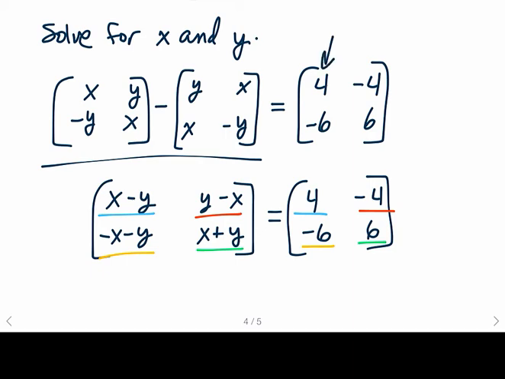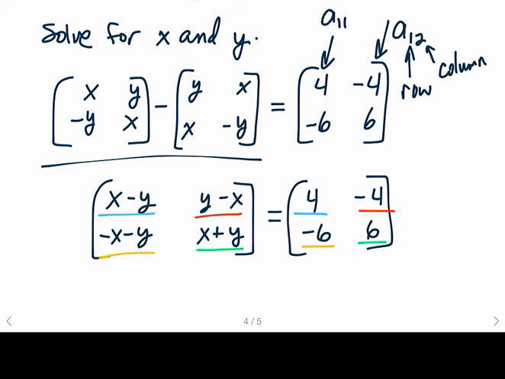The entries are referred to using lowercase letters and then subscripts. So the entry in the first row and first column is the entry a11. In the first row and second column, it's going to be a12. So a matrix entry is referred to using a double subscript. The first subscript tells me what row I'm in. The second subscript tells me what column I'm in.